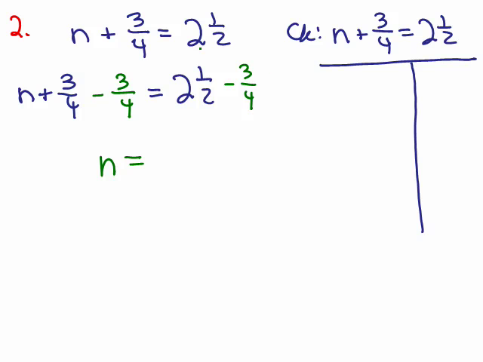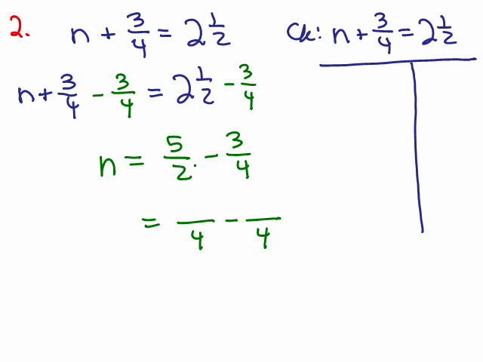All right, how about a more traditional way? We get a common denominator. Well, first you might want to change this to 5/2. So if you want, you could think of this as 5/2 minus 3/4, and then get a common denominator of 4ths.